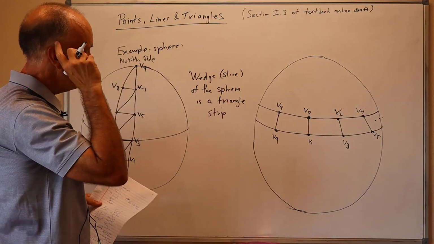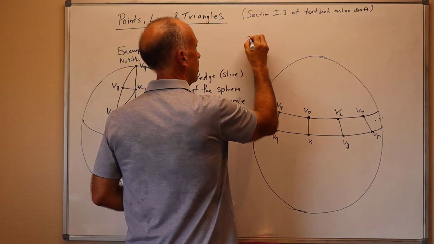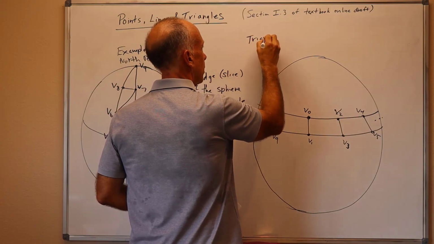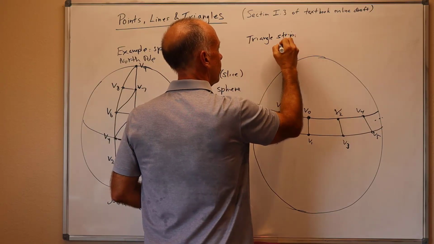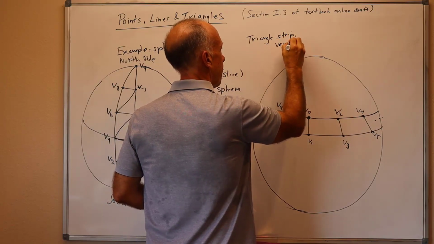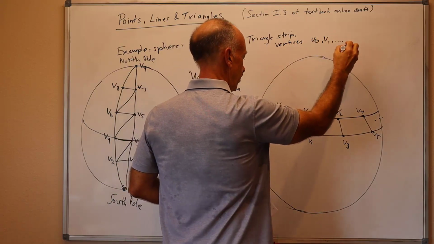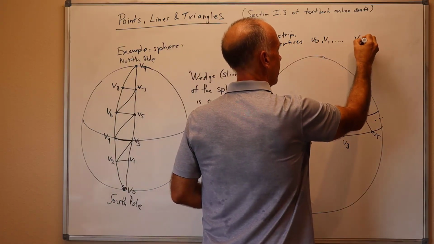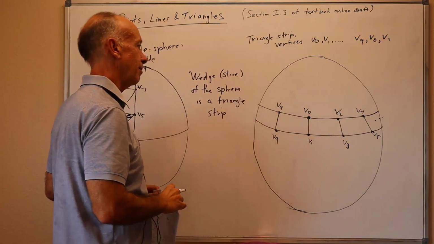Okay, so we're going to draw this as a single triangle strip. And on this one, the vertices are going to be V0, V1, up through V9, and then we're going to repeat V0 and V1 again.